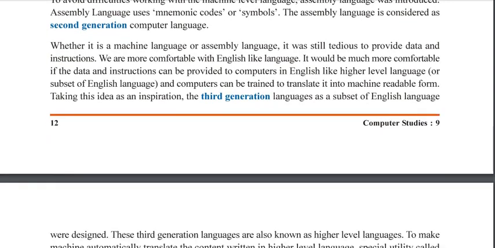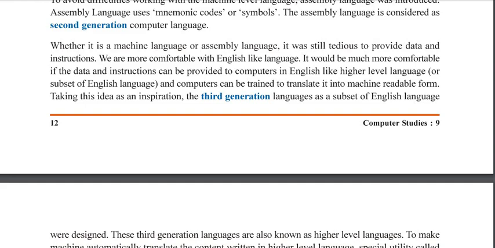Whether it is machine language or assembly language, it is still tedious to provide data and instructions. We are more comfortable with an English-like language. It would be much more comfortable if the data and instructions could be provided to computers in an English-like high level language.